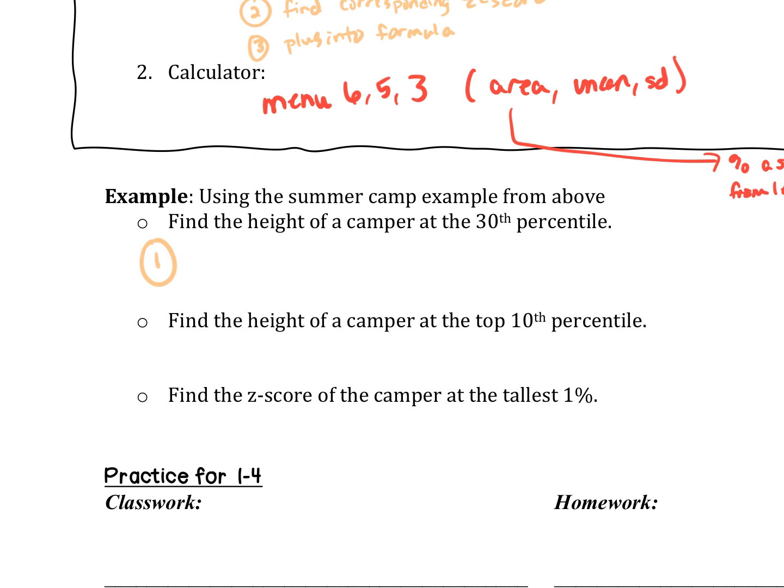That looks like it's going to be negative 0.52. So the z-score is negative 0.52. Then we say x minus 56 all over 3. We multiply by 3, add the 56, and we get x is 54.4 inches.